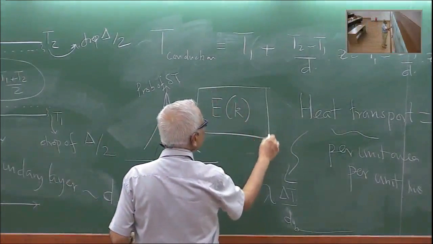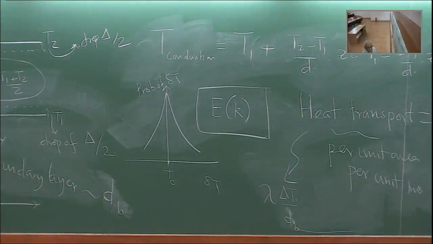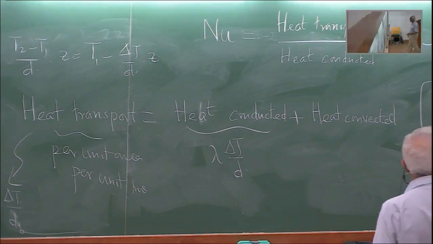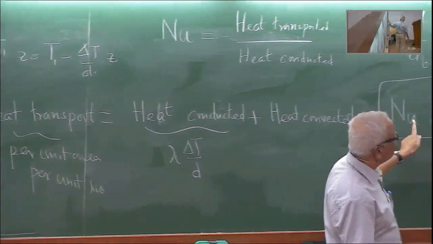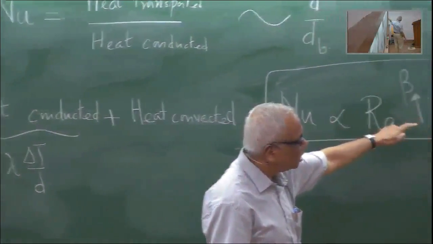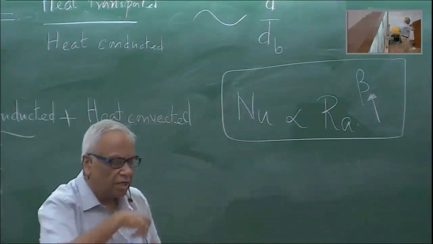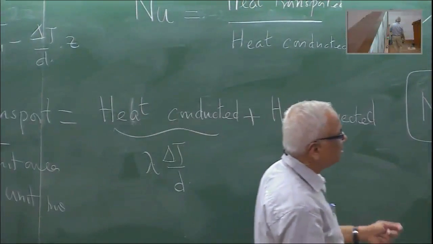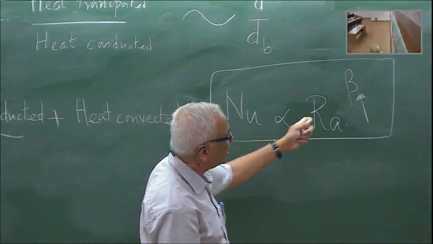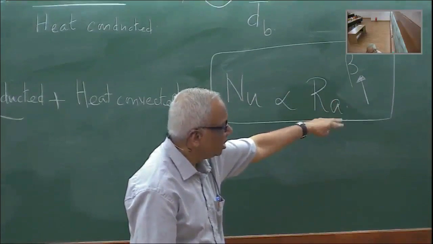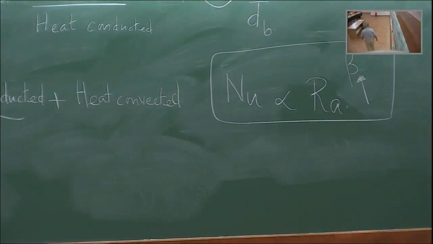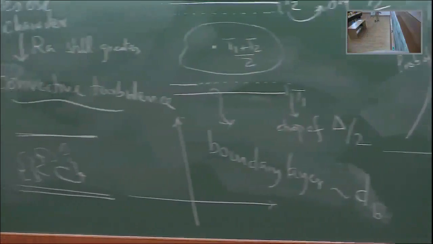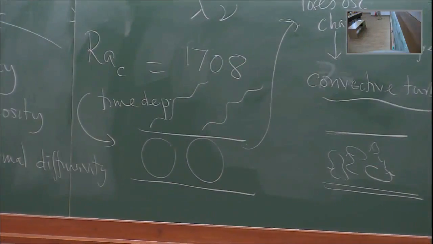One would be this, and the other would be that. If it is a very high speed rotating system, then the Nusselt number would be cut down because the rotation tries to make it two-dimensional, and the transport would be affected, and the Nusselt number would have a behavior scaled by the rotation omega raised to some power. And when there is a magnetic field as well, there would be some additional things.